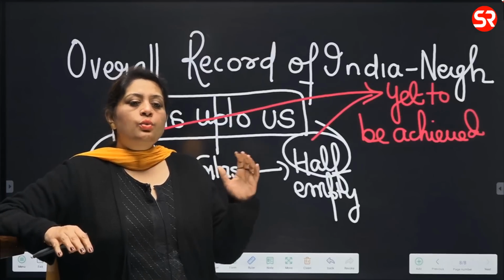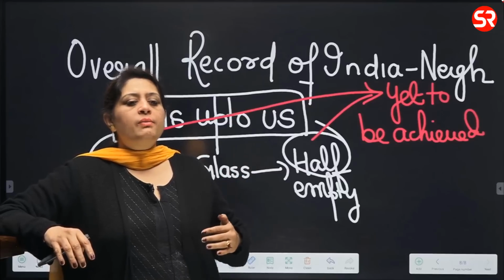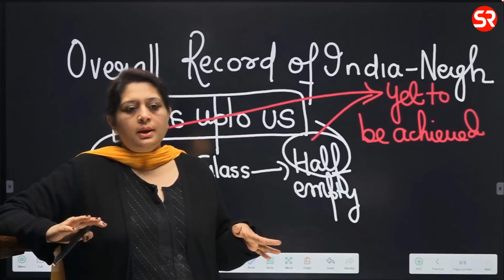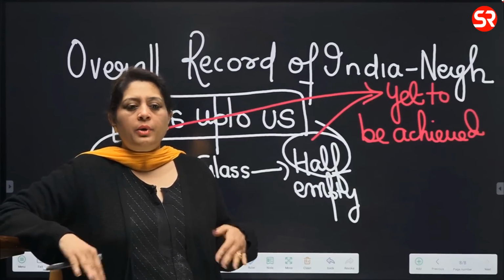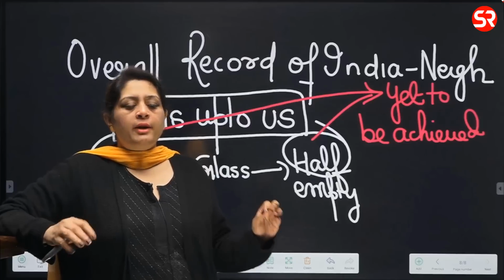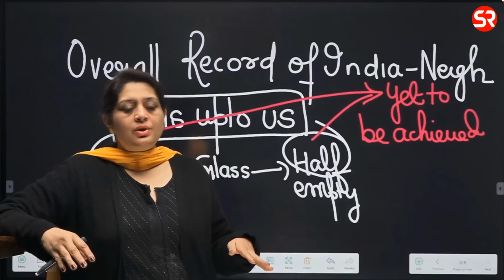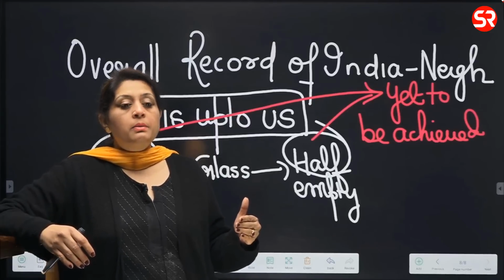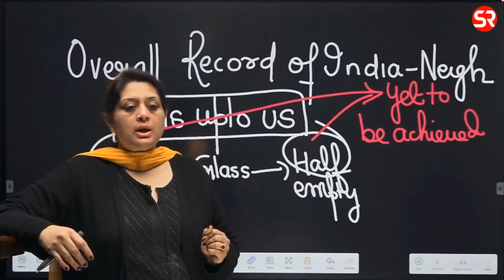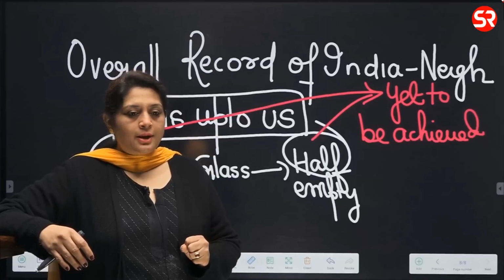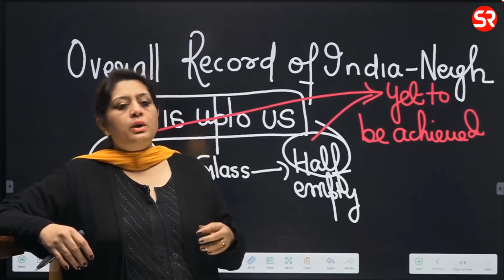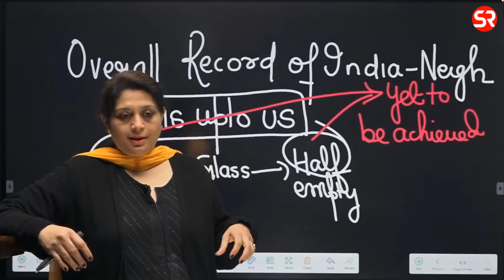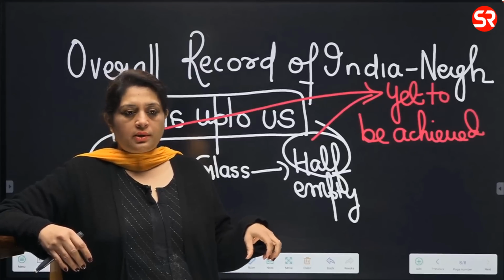Though in the newspapers you will be reading very critical articles that our neighborhood policy is a failure and India is having a big challenge. I disagree, because when we make such type of assessments, we are ignoring the ground situations.